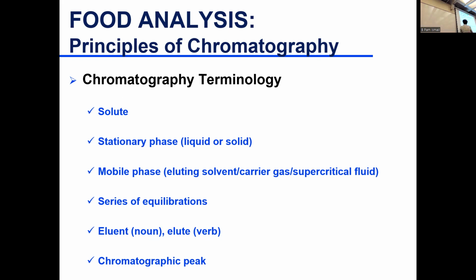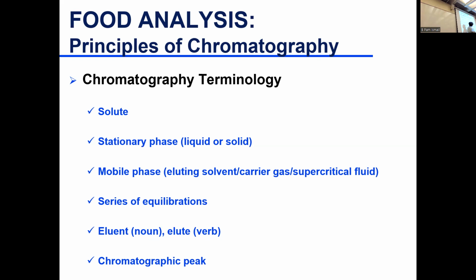So the mobile phase is the phase that goes through your stationary phase and carries or helps separate the components. So we call it eluting solvent, that helps the components to elute or leave the column. That term of elution means leaving the column, leaving your medium, leaving your stationary phase.